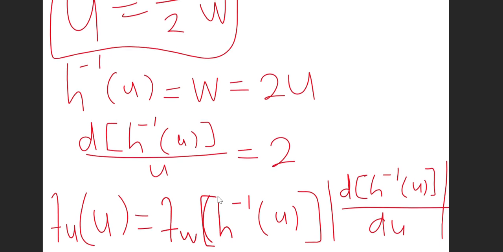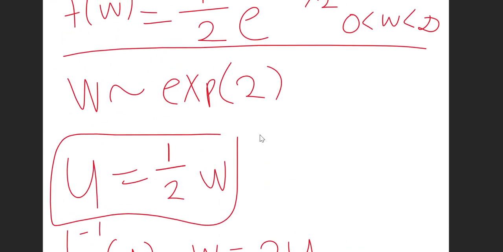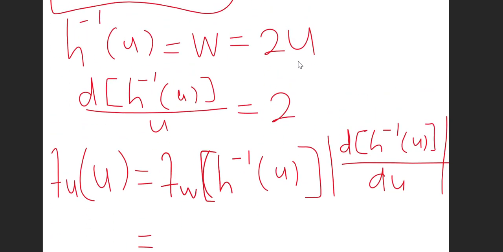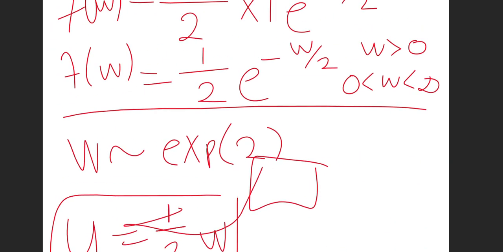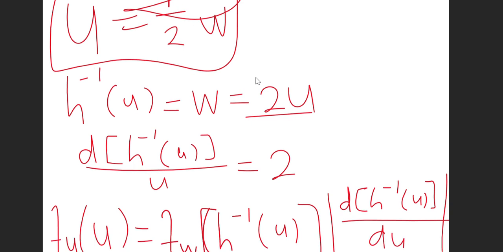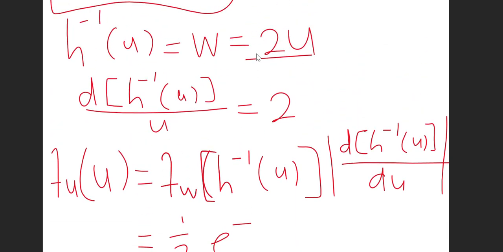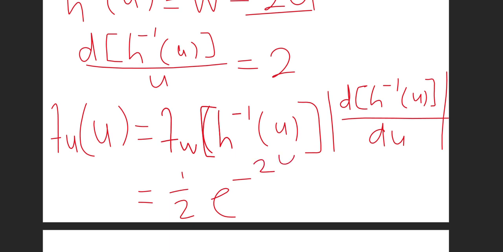In our f of w, the PDF of this random variable w, we are going to substitute 2u, since this is the inverse. So we have 1 over 2 e raised to negative, instead of w, 2u, negative 2u divided by 2, and then we multiply this by the absolute value of the derivative of the inverse.